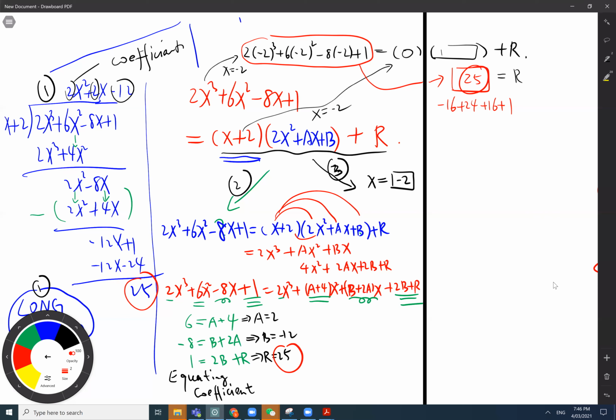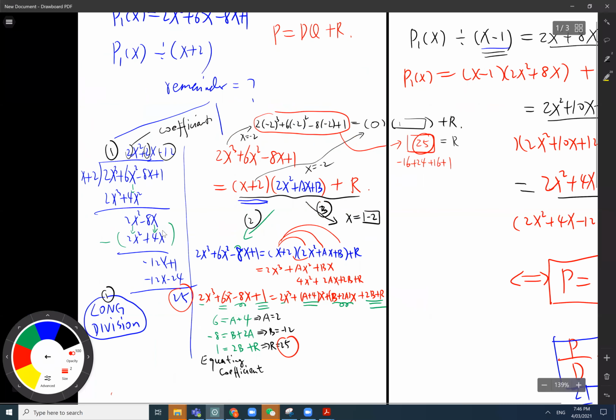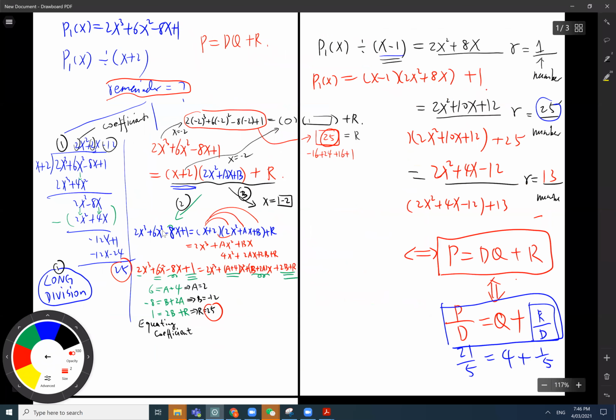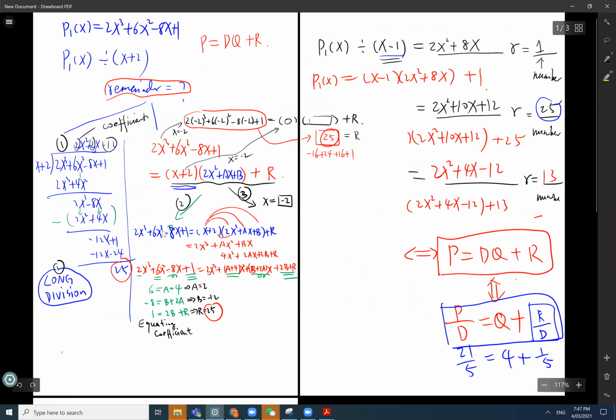Yeah. This method, yeah, the question just asks to find the remainder. What's the remainder, Timon? 25. Yeah. So this method is long division, this method is equating coefficients, and this method has a name.